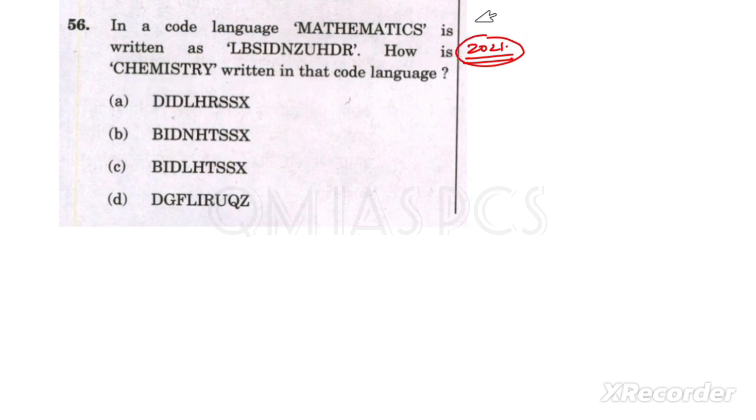So it is mathematics, so here is L B. Whenever you are writing this, give some space so that you can write how the coding is given. Okay, coding is done. So this is SIDNZUHDR.